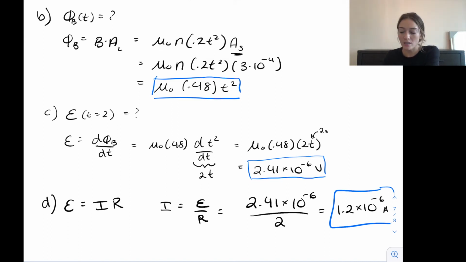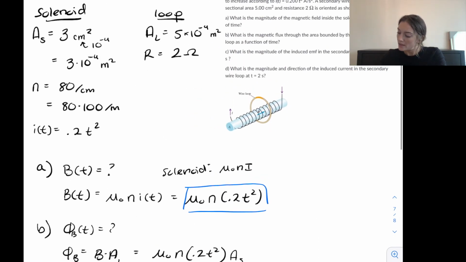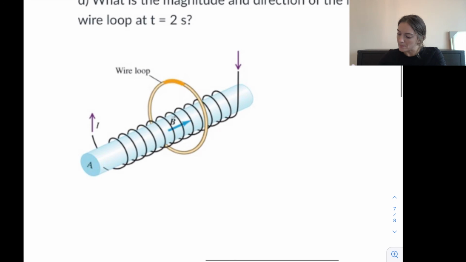And the direction, so I left out the negative signs. If you notice here when I did the EMF, I left out the negative signs because it just asked for the magnitude, so we can just ignore the negative signs. And then in part D, it asks for the direction of the current. So now I can use my right-hand rule for Lenz's law and figure out the direction of this current. It shows here that my current is coming into my solenoid this way.